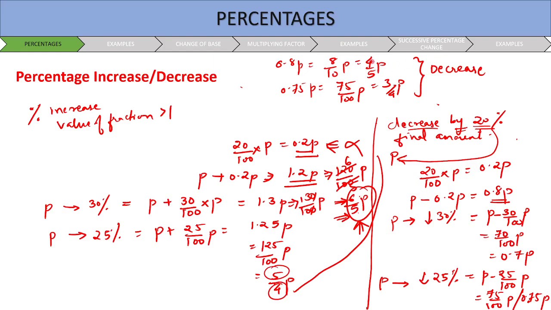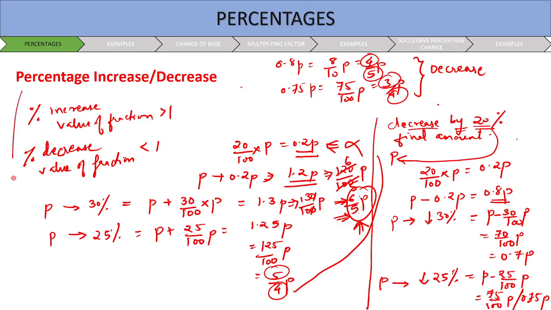And when we talk about percentage decrease, your numerator is less than the denominator. Here also your numerator is less than the denominator. Hence, for percentage decrease, the value of the fraction is less than 1. So this is another observation which we have deduced. Okay, so just make a note of it.